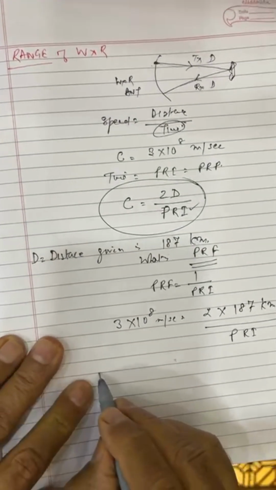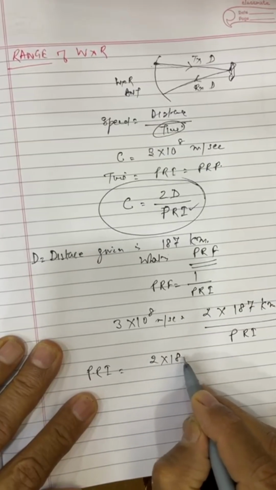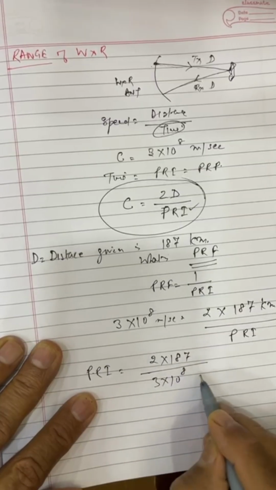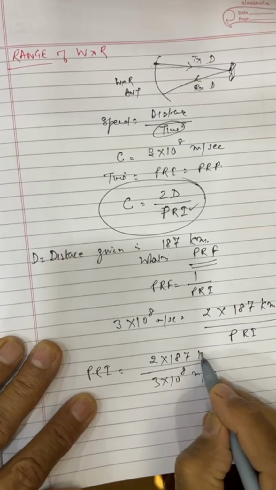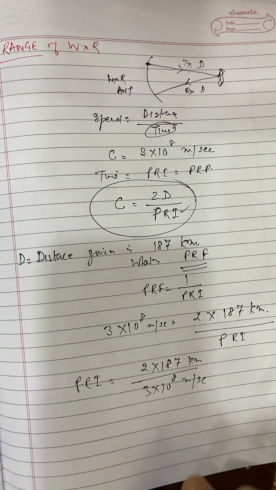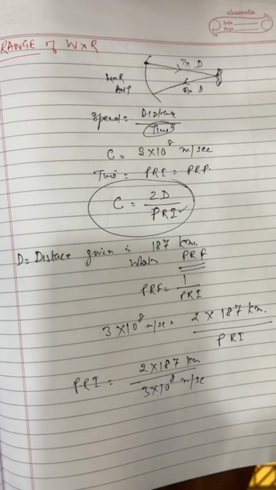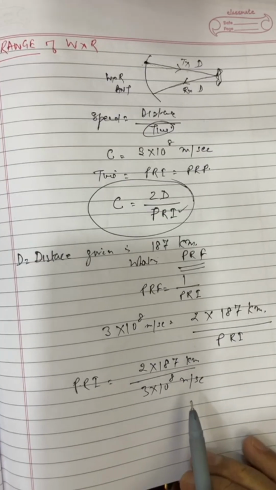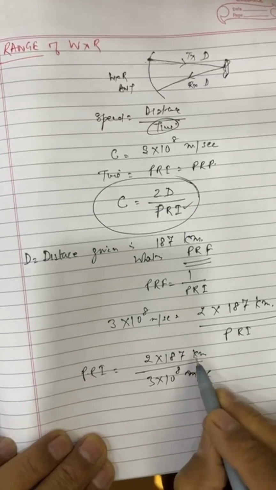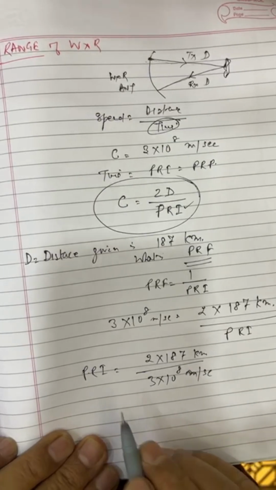So PRI will equal to 2 into 187 divided by 3 into 10 raised to the power 8 meter per second. For calculation, one thing you have to remember here: all the units should be the same.